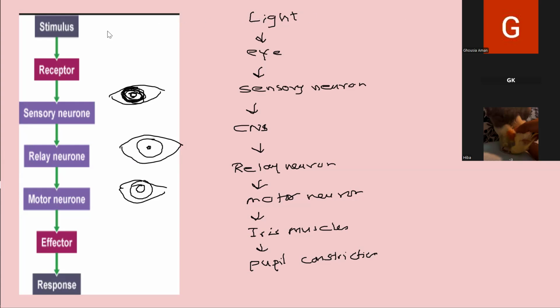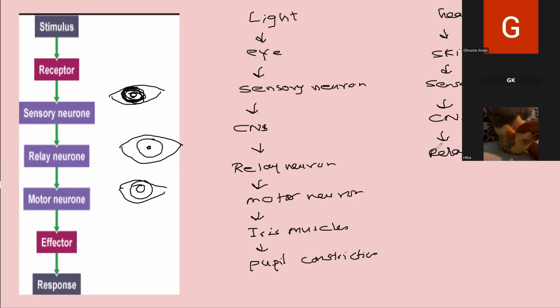Similarly, touching the hot object, what will be the stimulus? Heat is the stimulus. Who is the receptor? Skin is the receptor. And then the sensory neuron. Through the sensory neuron, the impulse will be moving to the central nervous system.